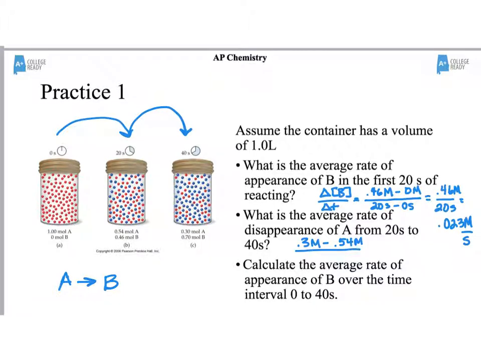And our time was 40 seconds minus 20 seconds. And so what does that give us? That gives us 0.24 molar per 20 seconds, negative 0.24.